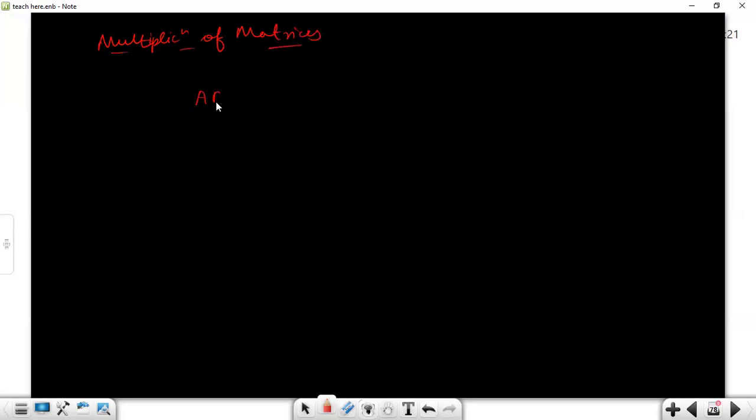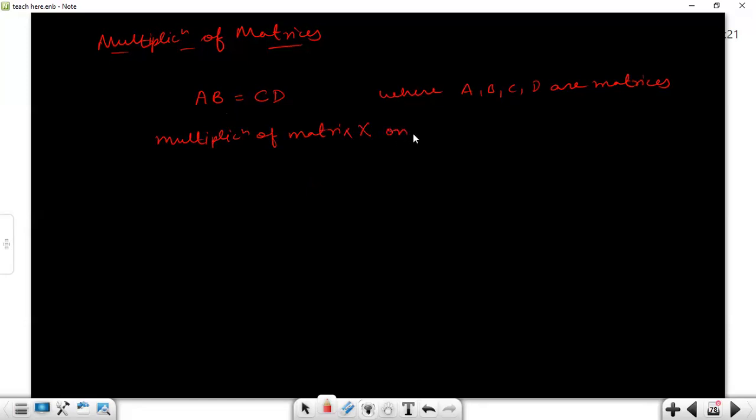Let's say AB equals CD, where A, B, C, and D are matrices. If we have to multiply an X matrix on both sides, multiplication of matrix X on both sides can happen in two ways.